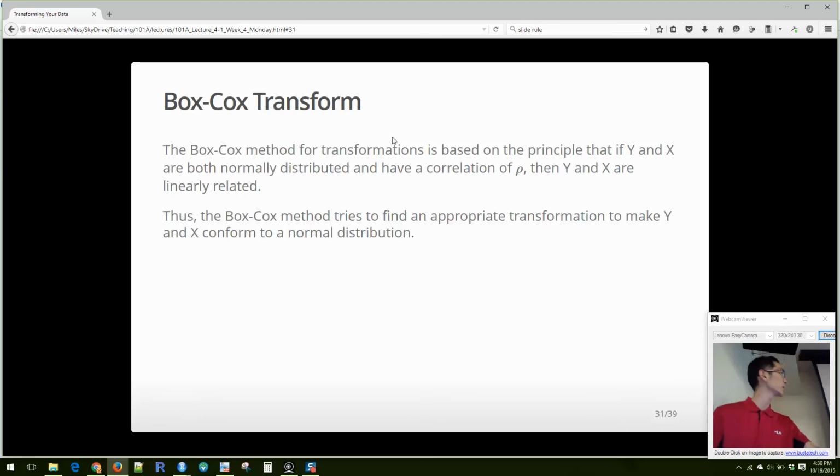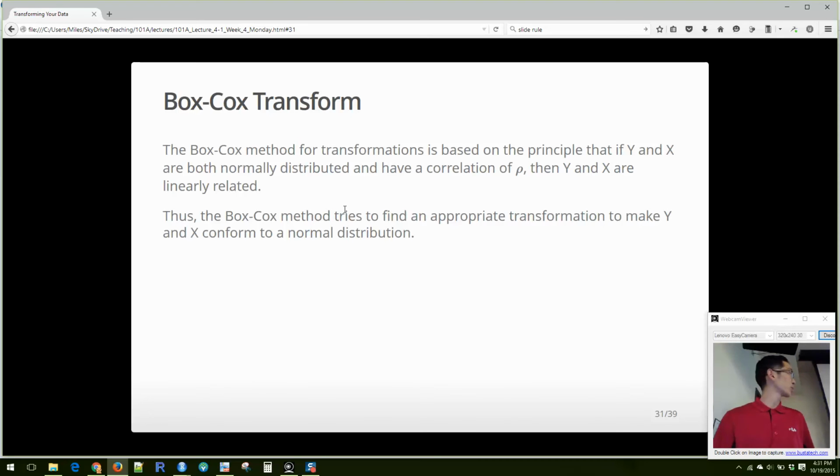And the big idea behind a Box-Cox transform is that if y and x are both normally distributed and they have some correlation rho, then y and x are linearly related. That's some theorem, okay? It says that if they're both normal, then they're going to be linearly related.